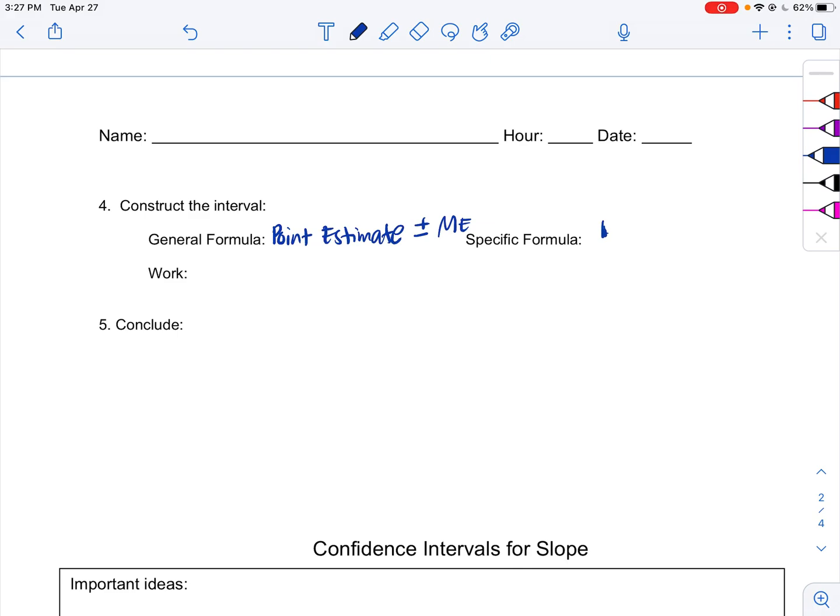That is b. Let me just wipe a little bit, because my pen doesn't write correctly. There you go. So that's b plus and minus t star times the standard error of b, the standard error of the slope.